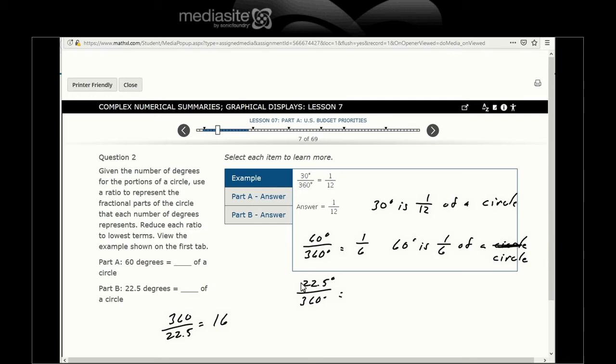So 360 over 22 and a half is 16. I guess 22 and a half over 360 would be 1/16. Or 22.5 degrees is 1/16 of a circle.